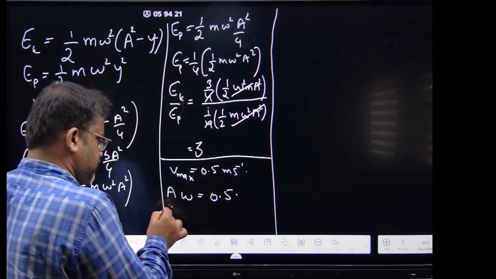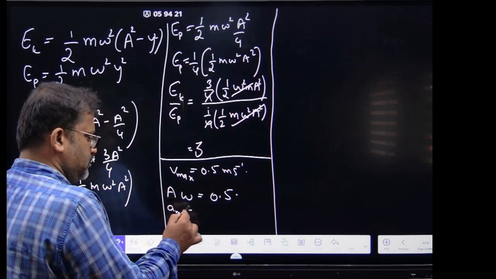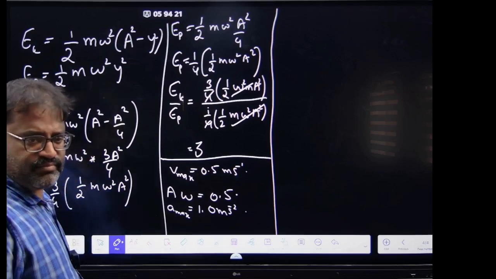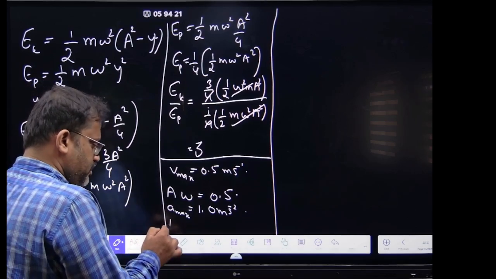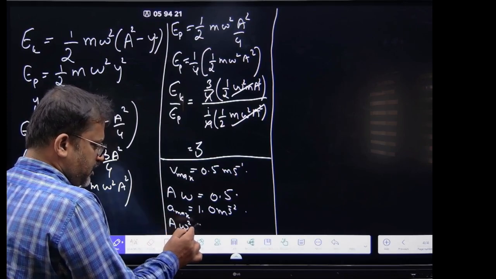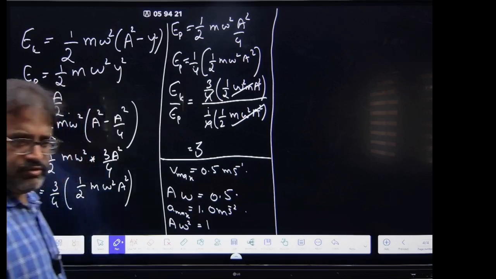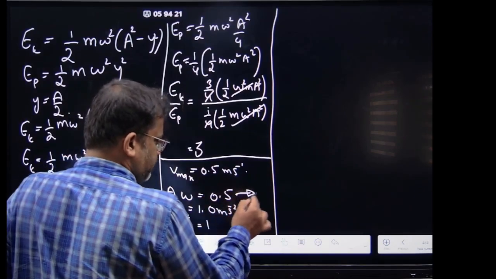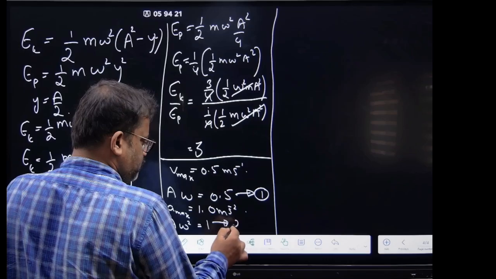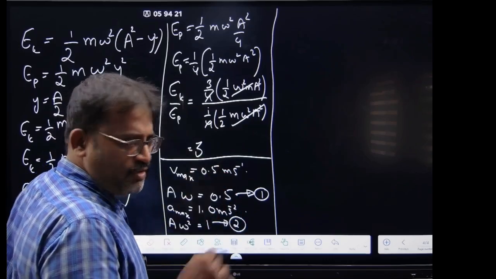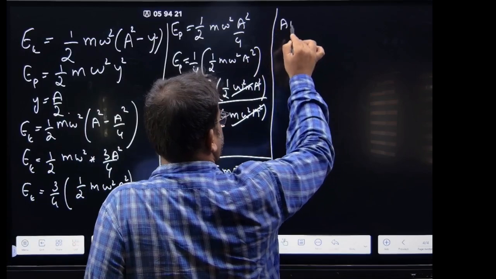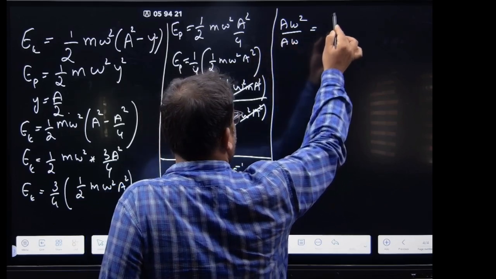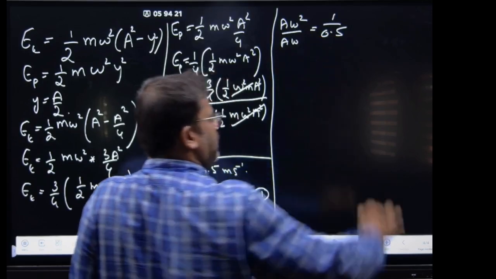Now, A max is equal to 1.0 meter per second square. That means A omega square is equal to 1.0. Call this equation number 1, call this equation number 2. Now dividing equation 2 by equation 1, we can write A omega square by A omega equal to 1 divided by 0.5.